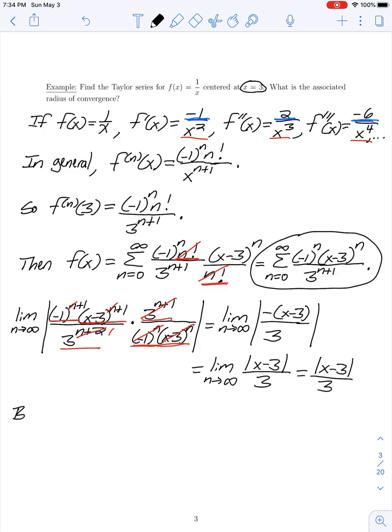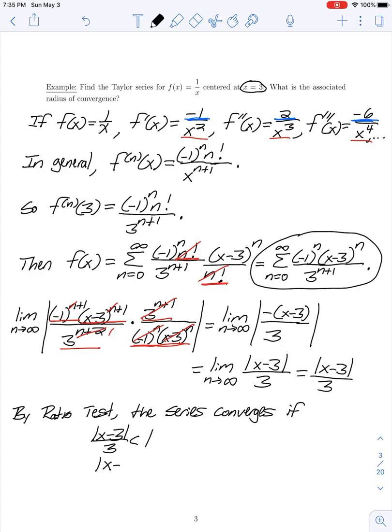And making use of the ratio test, we can say the series converges if this limit, that is the absolute value of x − 3 over 3, is less than 1, which means that the absolute value of x − 3 is less than 3, so our radius of convergence is 3.